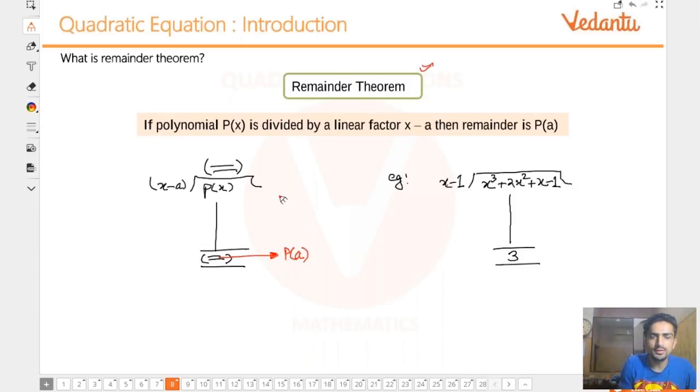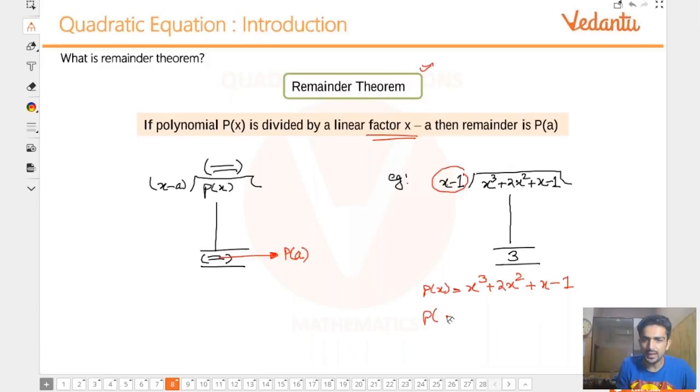Now this theorem is telling me, if you are dividing a polynomial by some linear expression, then the remainder of this will be the value of p at, you just put this equal to 0.